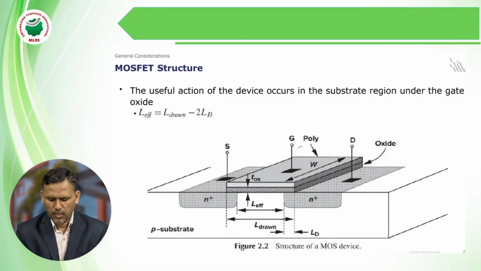And here LD, the side diffusion, is observed between the gate and drain terminals. So this length indicates the side diffusions. These side diffusion areas act as PN junctions.